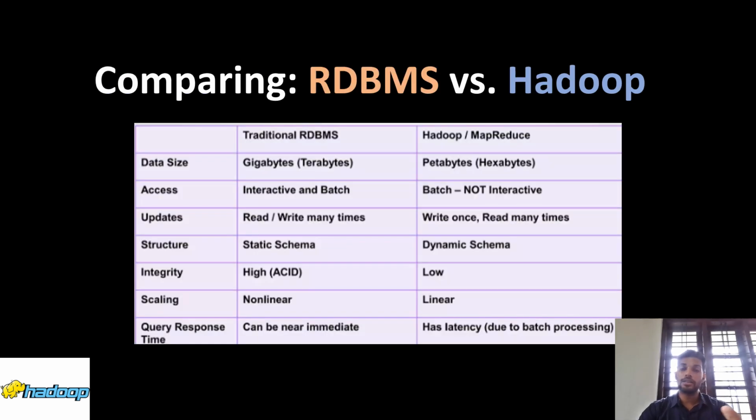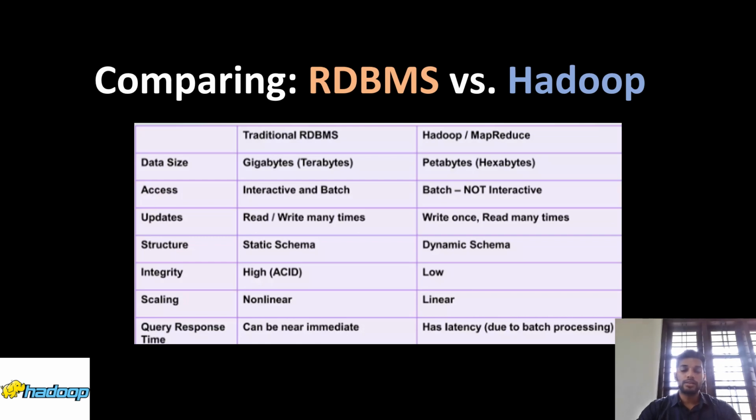Comparing Hadoop with a relational, or let's say the traditional database management system, in terms of data size, the RDBMS lets you store gigabytes, while Hadoop lets you store petabytes. In terms of accessibility, it is interactive, and batch is also available, while in the case of Hadoop, it is not interactive.